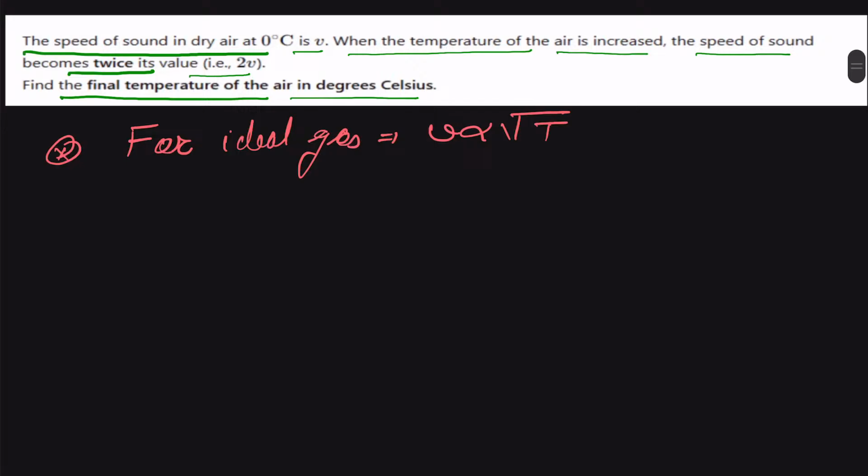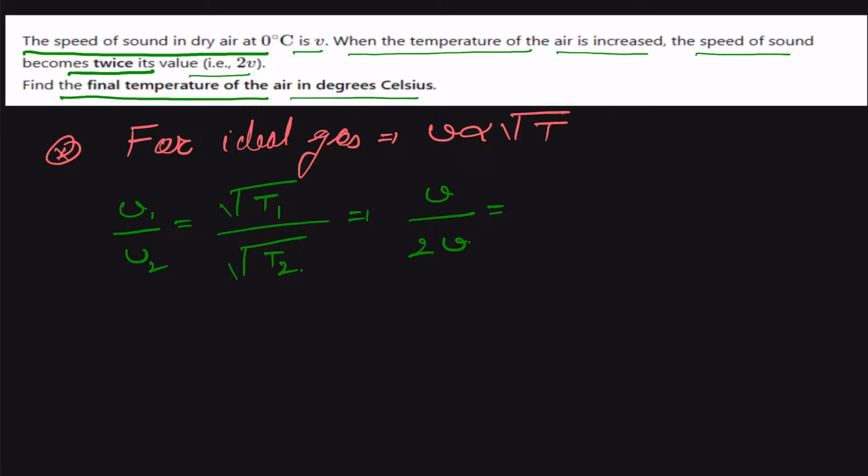Therefore, we can write that V1 upon V2 is equal to square root of T1 divided by square root of T2. V1 is given to us as V, V2 is given as twice V, and 0 degree centigrade in Kelvin will be 273 Kelvin.